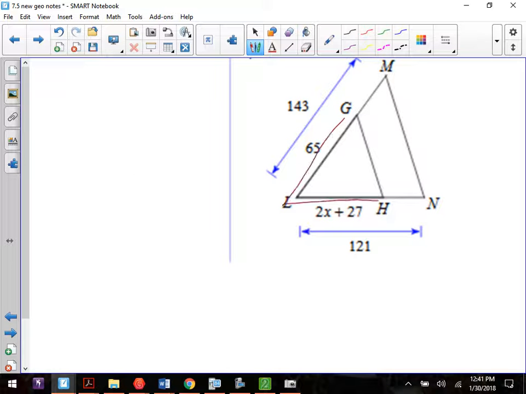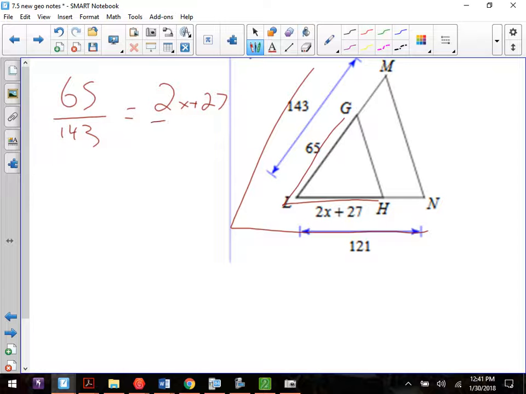Small, small. Large, large. And then just cross multiply it out.